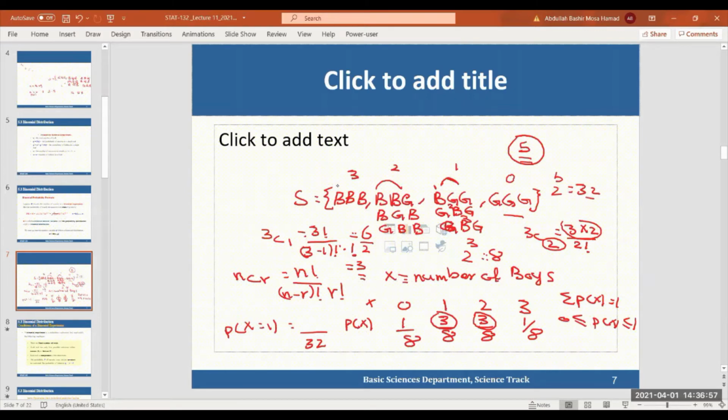So the number of sample space points is 32, and we divide over 32. Now we just want to know how many outcomes with one boy in different order. How do we get it? The total is 5, so 5C1. Clear?